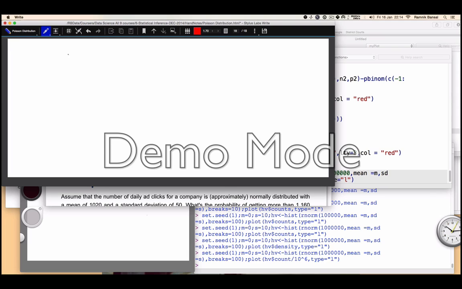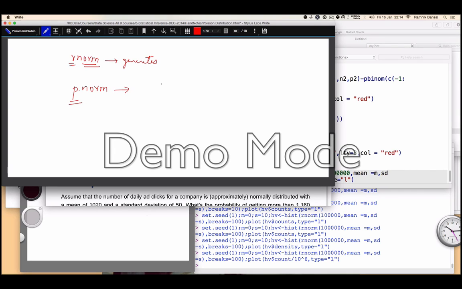Now in R, what do we have? We had rnorm. What is rnorm doing? rnorm generates a random variable based on the normal distribution. There's another function called pnorm. What is pnorm doing? pnorm gives me this probability.